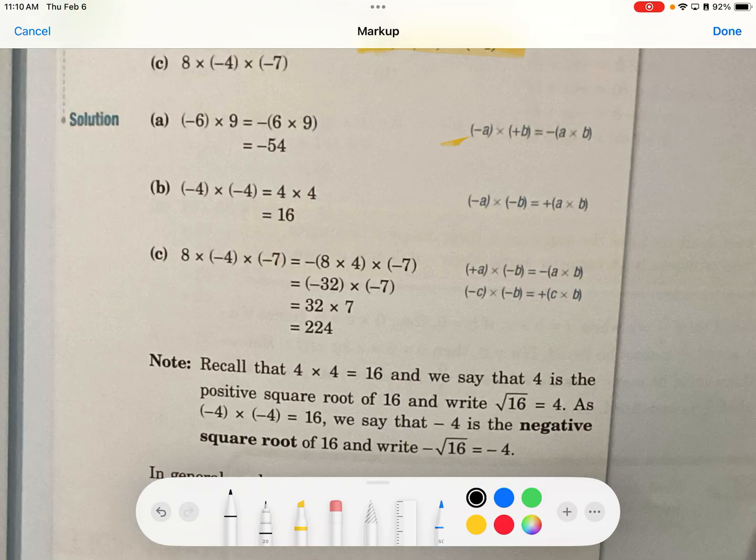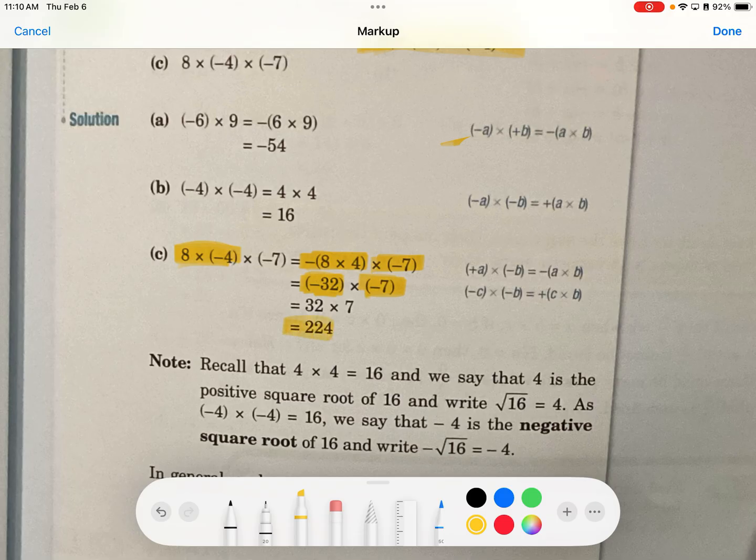However, we start from left to right. So we are actually going to be multiplying these two first, and we can see that demonstrated on this side, and then multiplying by a negative. So then we end up with 8 times 4, 32, and it's a negative, times negative 7. So we end up with positive, right? Because 2 of the same signs equals positive.